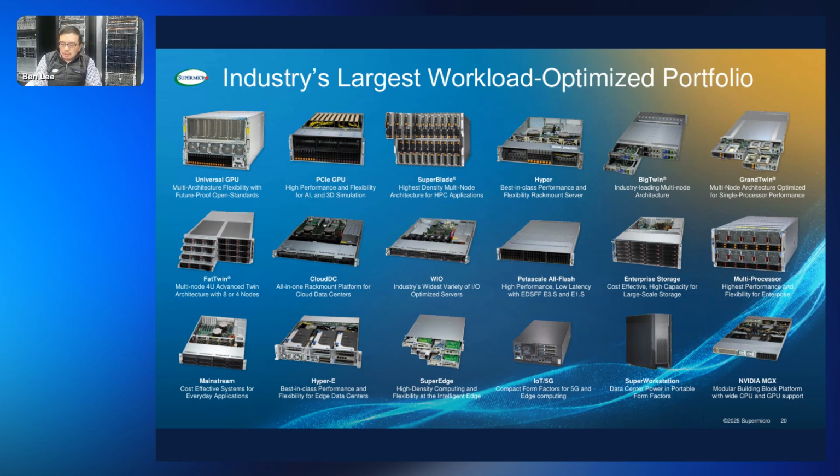For example, working with VAST, we pick some GPU servers for AI workloads, and then we also pick some storage solutions, such as a petascale storage solution for their data platform. But just keep in mind, different kinds of AI workloads or different use cases will require different kinds of systems.